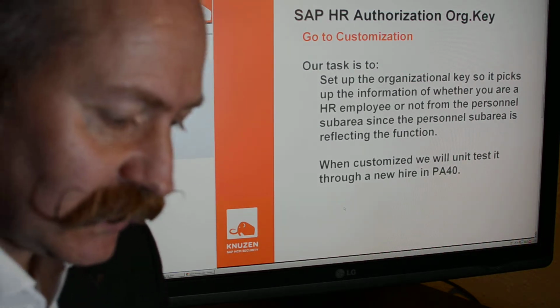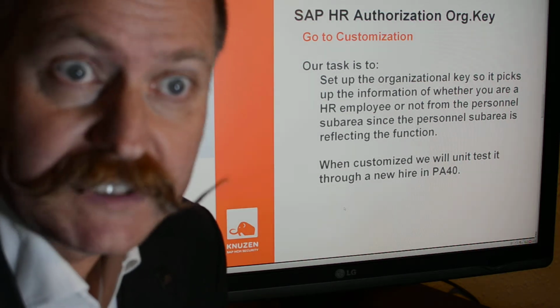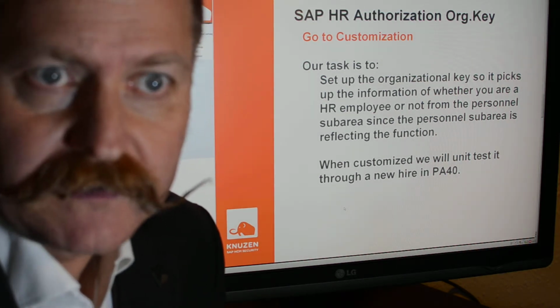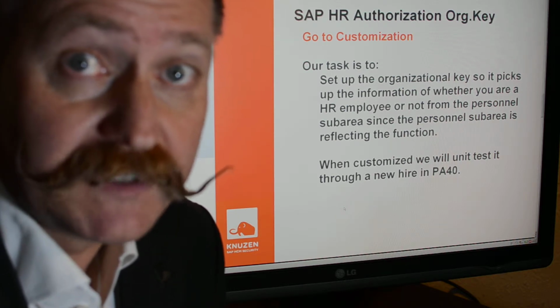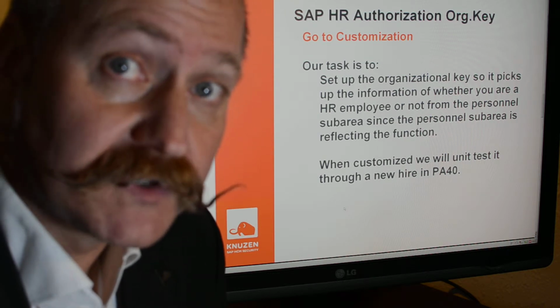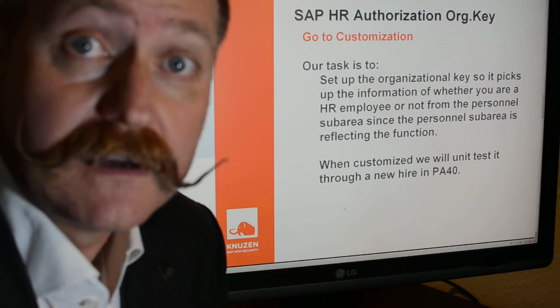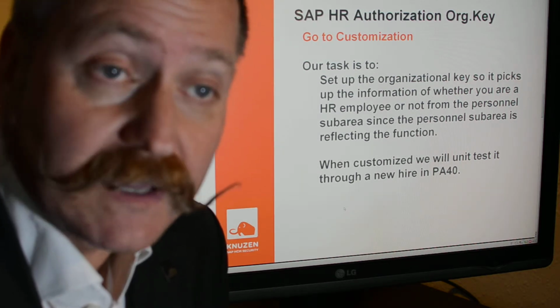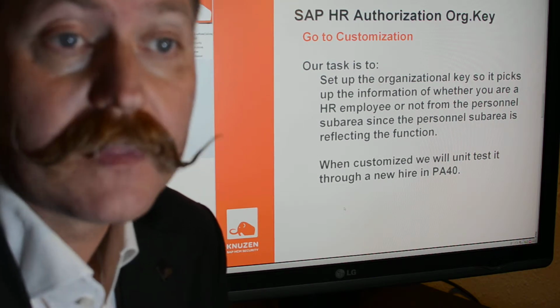So our task is to set up the organizational key so it picks up the information of whether you are an HR employee or not. And for this I will use the personnel subarea, since the personnel subarea in this setup is reflecting a function such as HR or finance.